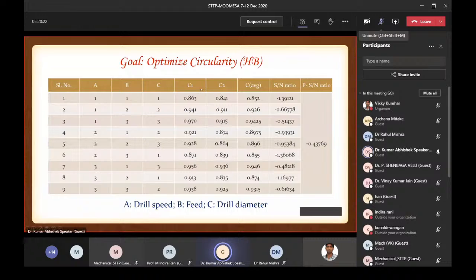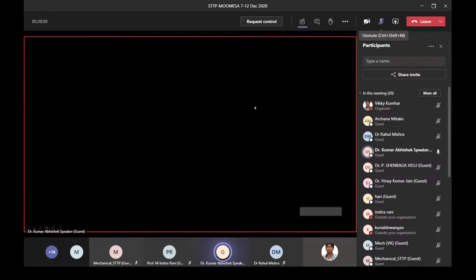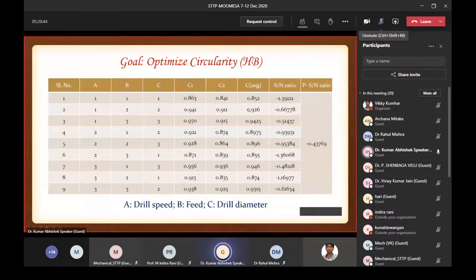It means that you have conducted the experiment, suppose for serial number 1, this is the treatment, when factor A is at level 1, B at level 1 and C at level 1.